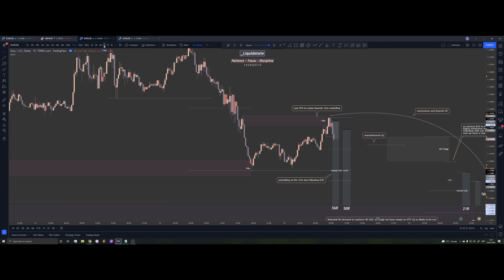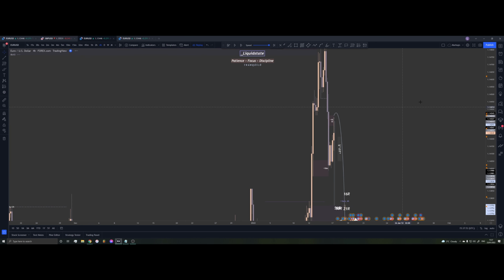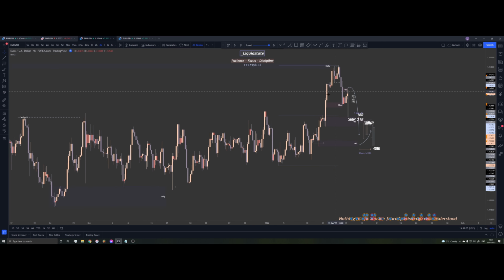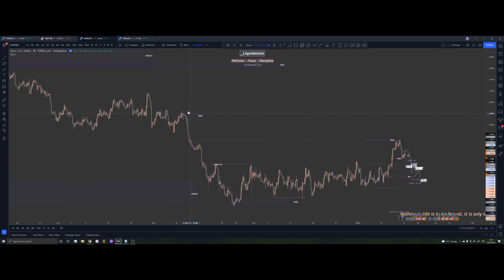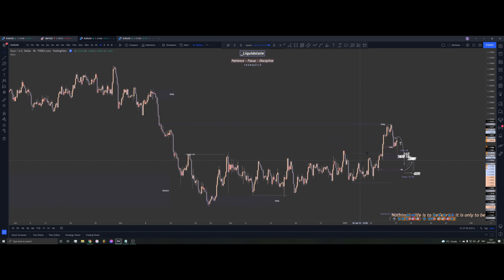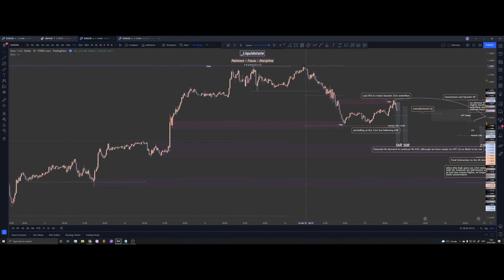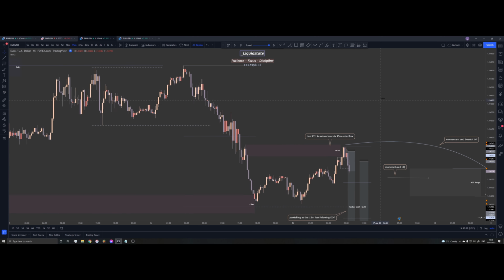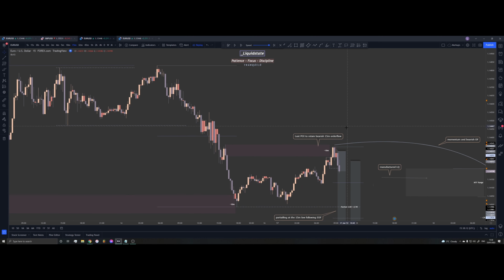In terms of structure, these shorts are pro daily trend, counter 4 hour because we're bullish, but pro 15M because we're bearish on the 15M. That's how I'd address the structure mapping side of it.